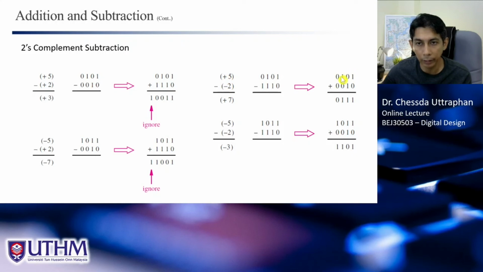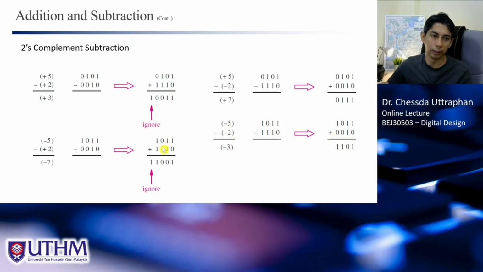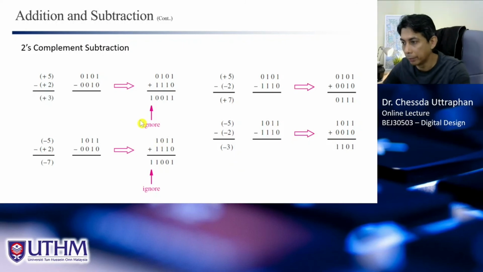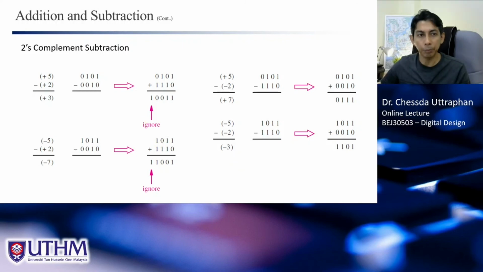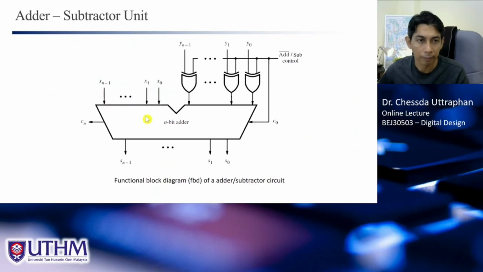That's why you have 5 plus 2, you have this. This is minus 5 minus 2, which is actually minus 5 plus 2, you have this, right? So that is actually how we implement the subtraction in digital hardware.